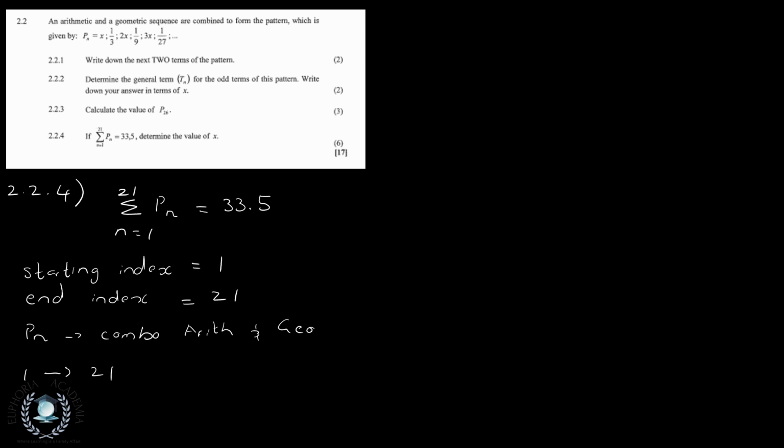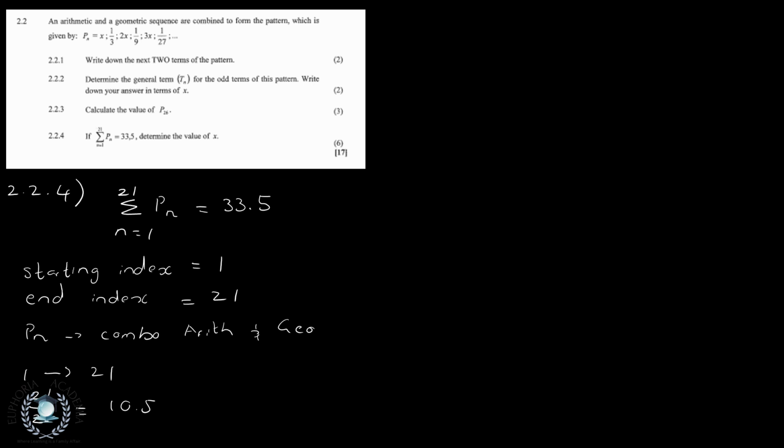So we're going to take 21 divided by 2, and the answer that we're going to get is 10.5. So shared equally, there should be 10.5 arithmetic terms and 10.5 geometric terms. But we know that we actually start with an odd number and end with an odd number.